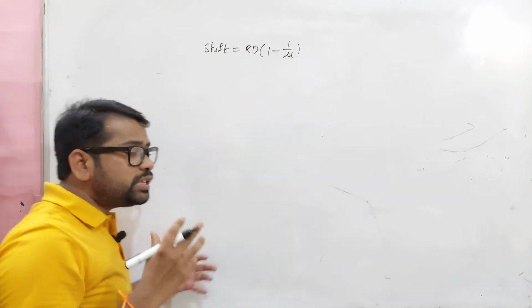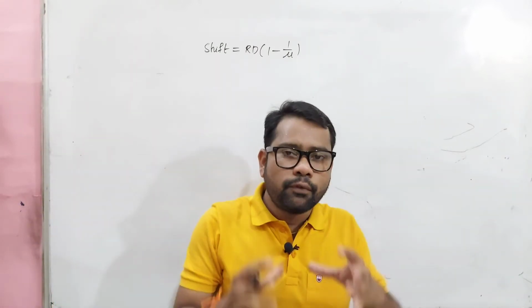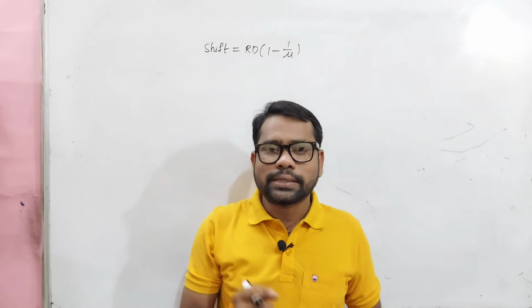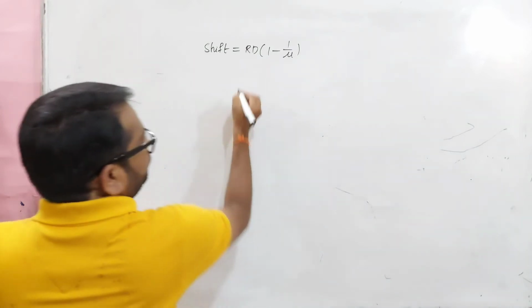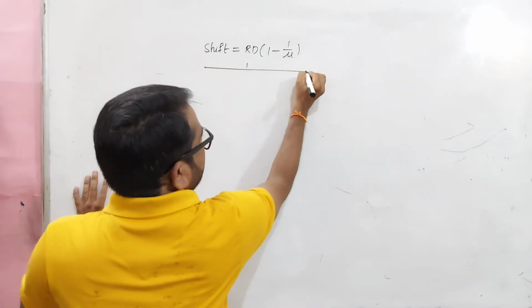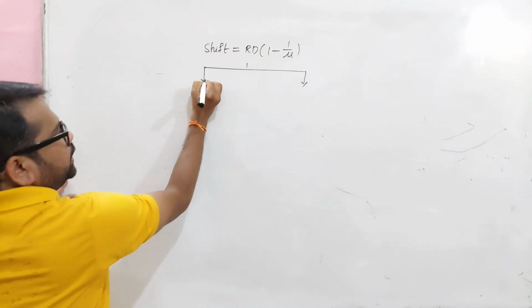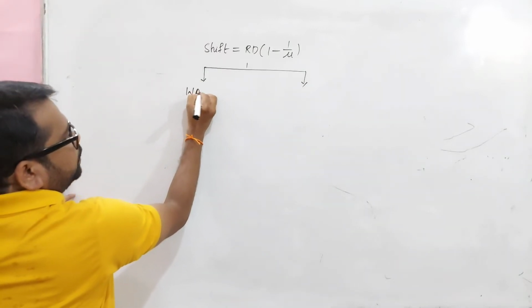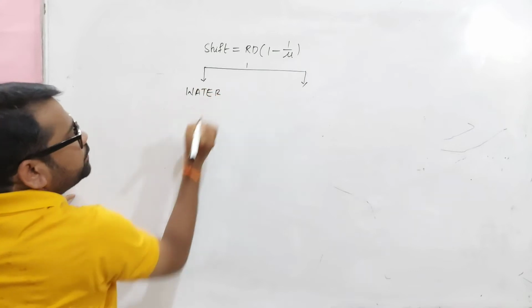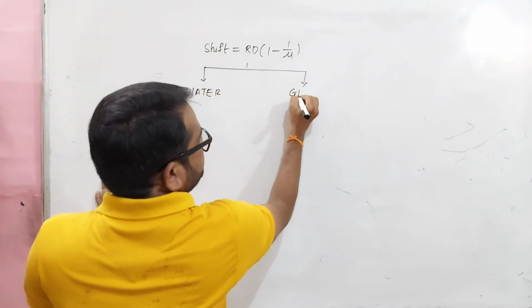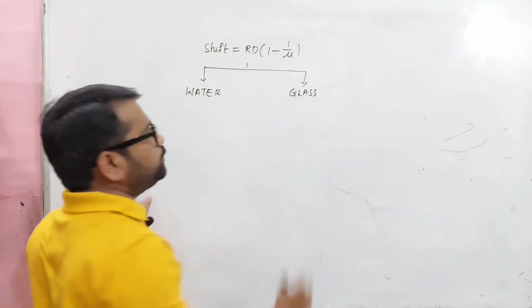So children, how is this formula modified for water, and for glass? If the denser medium is water, how is the shift formula modified? If the denser medium is glass, how is the shift formula modified?